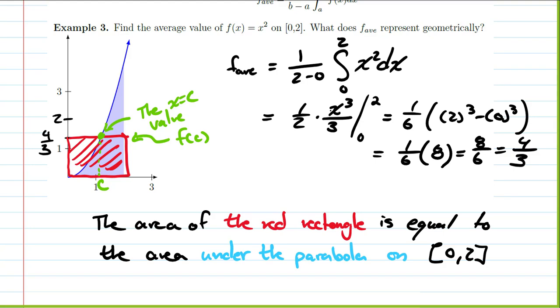So basically what it's telling us is that the mean value theorem for integrals guarantees that there's at least one input, x, that when you put it into the function, the output f of x is the height of the average rectangle that would give you the same area.